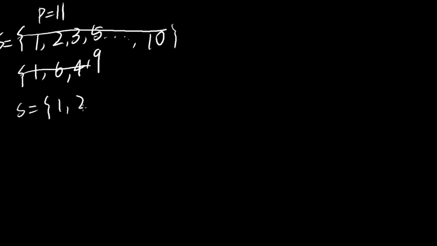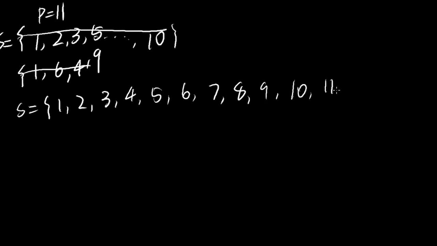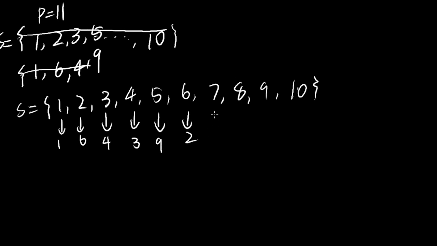Let's write everything out, 1 to 10, to see it clearly. 1's inverse is 1, 2's inverse is 6, 3's inverse is 4, 4's inverse is 3, 5's inverse is 9, 6's inverse is 2, 7's inverse is 8, 8's inverse is 7, 9's inverse is 5, and 10's inverse is 10.